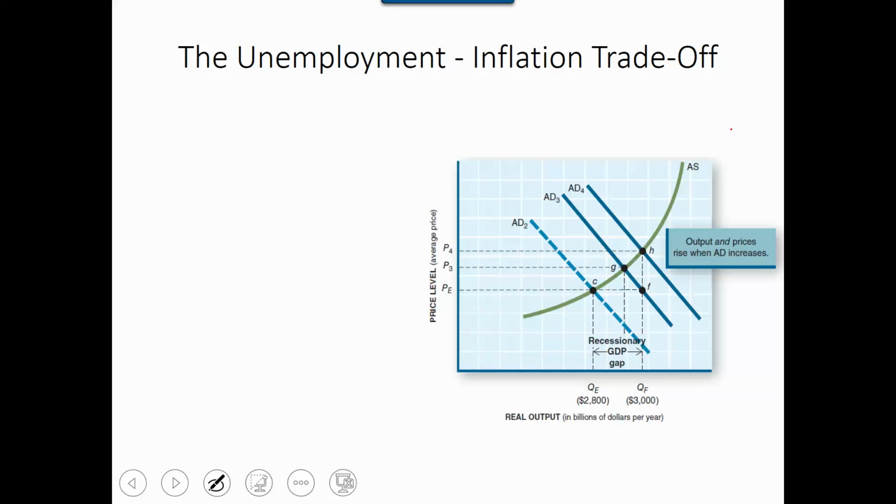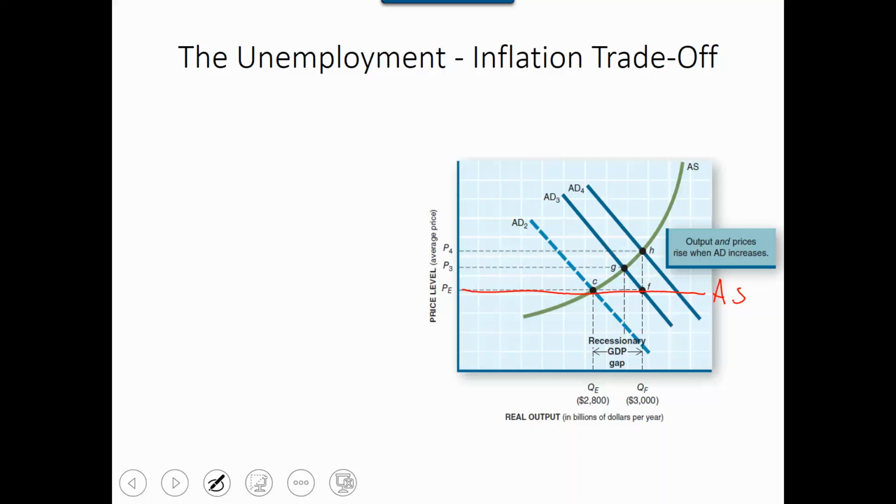Let's imagine the AS curve were a horizontal line. If this is my AS curve, what happens if the aggregate demand curve shifts from AD2 to AD3?